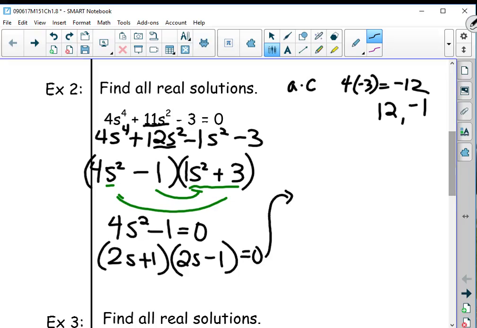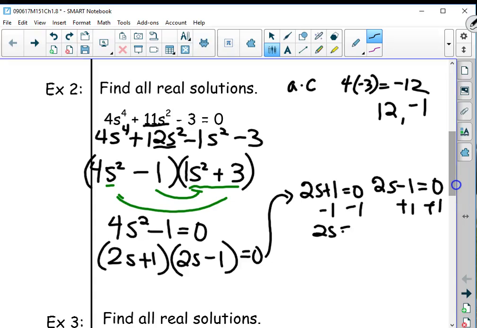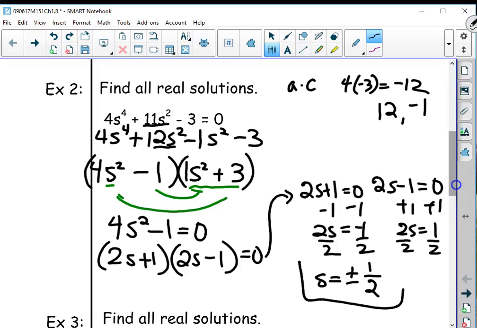So 2s plus 1 equals 0. 2s minus 1 equals 0. All right, I get s is equal to plus and minus 1/2. And we are done. I'll see you on the next video.